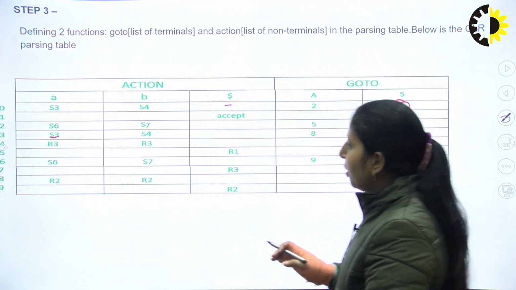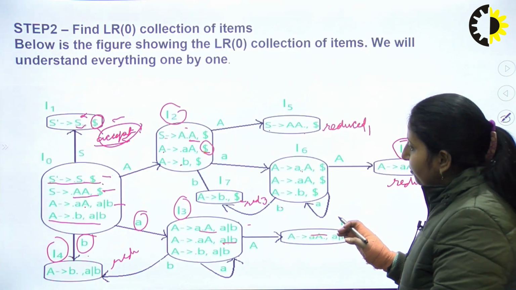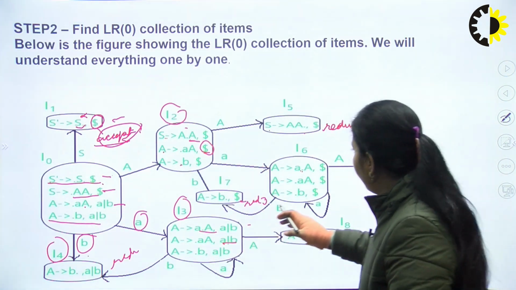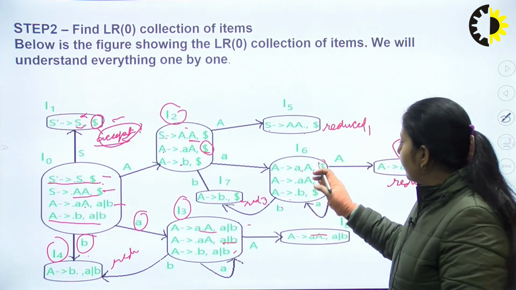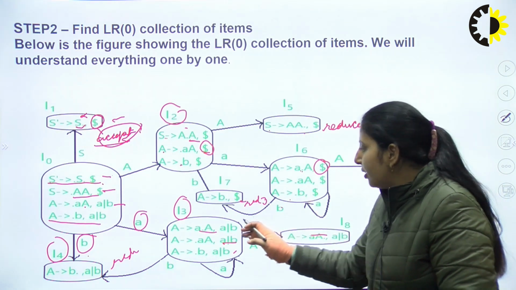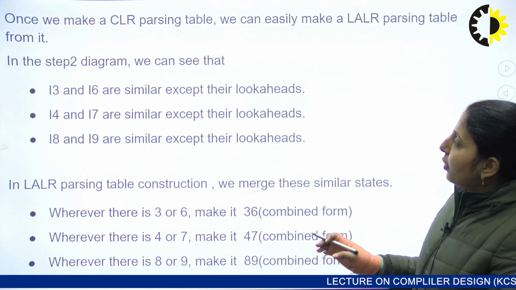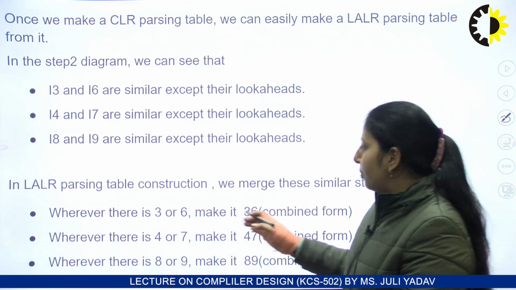They are the same, only their lookaheads are different. One has dollar, the other has a/b. So we can combine those two columns, 3 and 6.